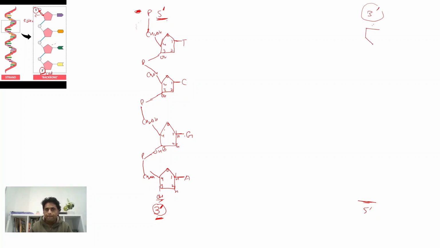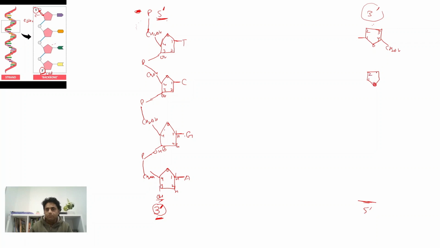Okay, so this is the pentose. First carbon, second carbon, third carbon, fourth carbon, fifth carbon is here, CH2OH. Okay, and then we'll draw the next pentose. So first carbon, sorry, this is the oxygen.